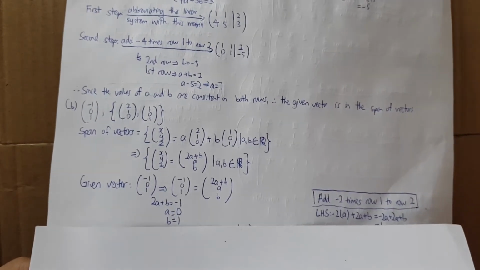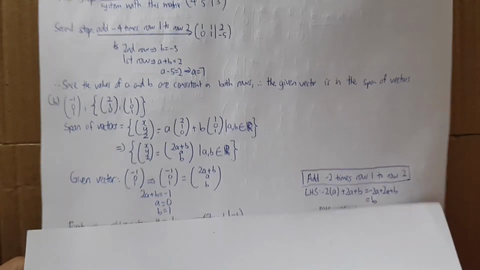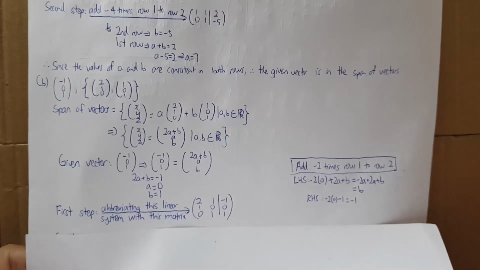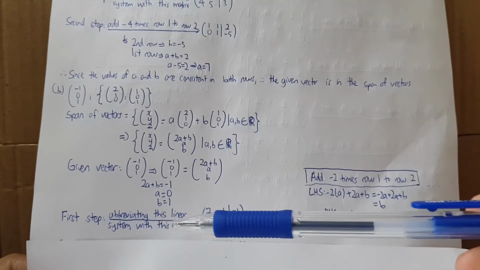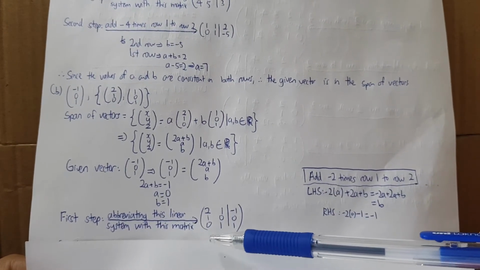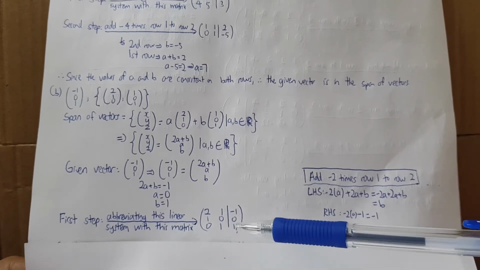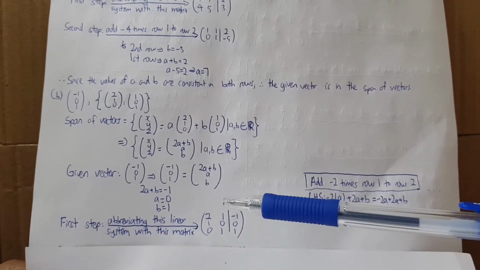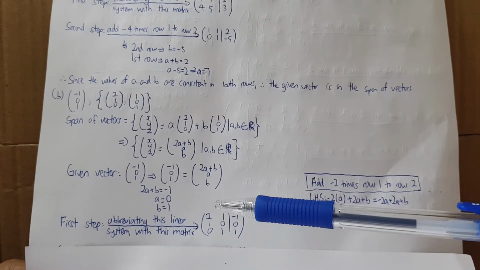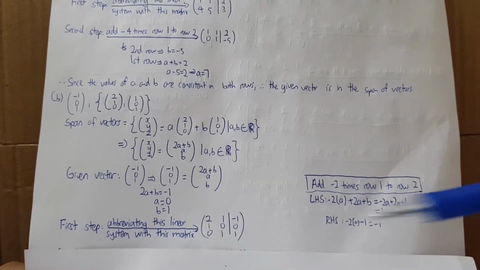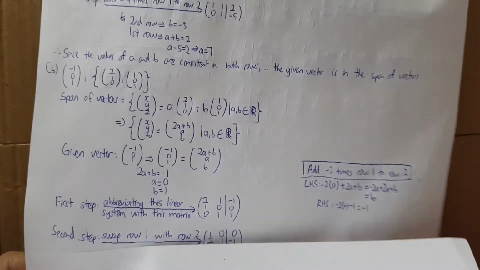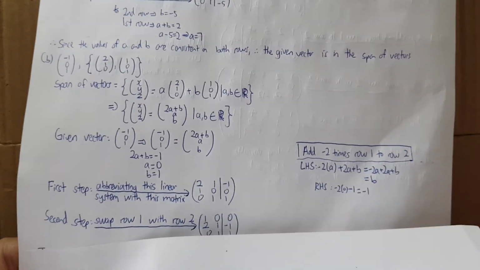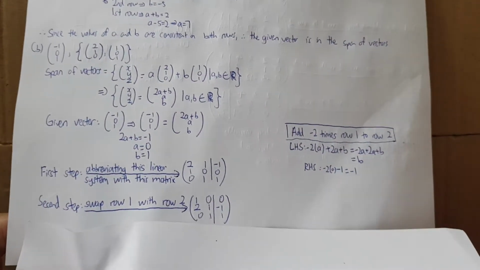Now again, the same step. We abbreviate this linear system with this matrix. So as you notice, row 1 has a higher coefficient of a than row 2. So what we do is swap row 1 with row 2 to get this equation here.